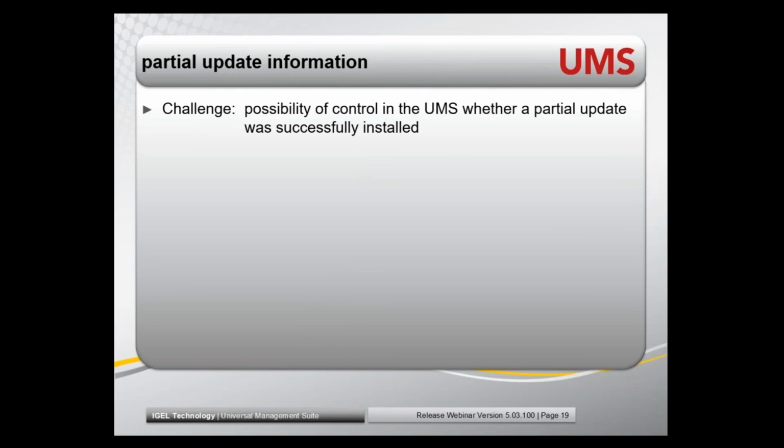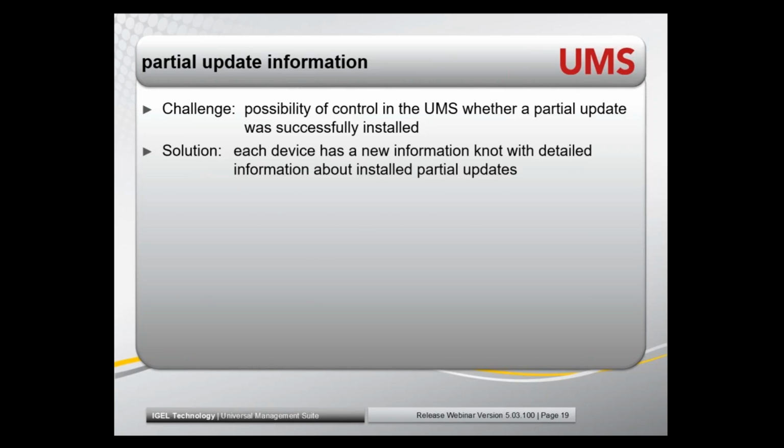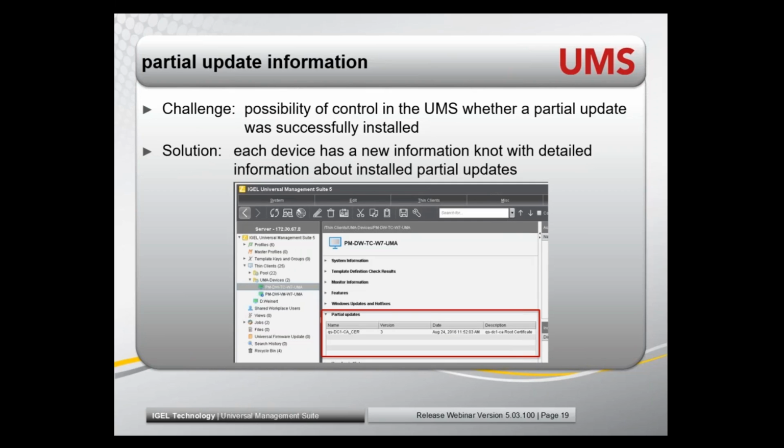The challenge was we want to have information in the UMS if a partial update was successfully installed or not. And the solution was a new information node with detailed information about the partial updates which are installed or not. And you will see it when you mark up the thin client, like you see here before.